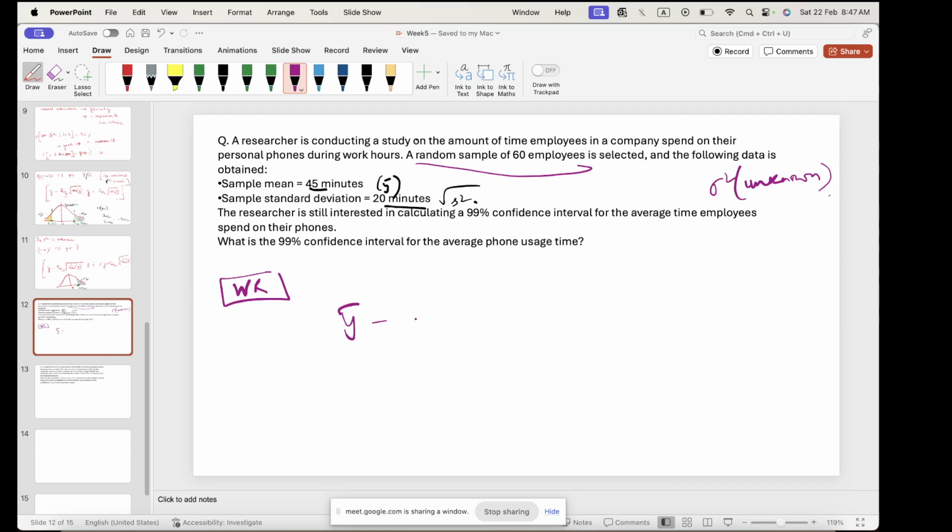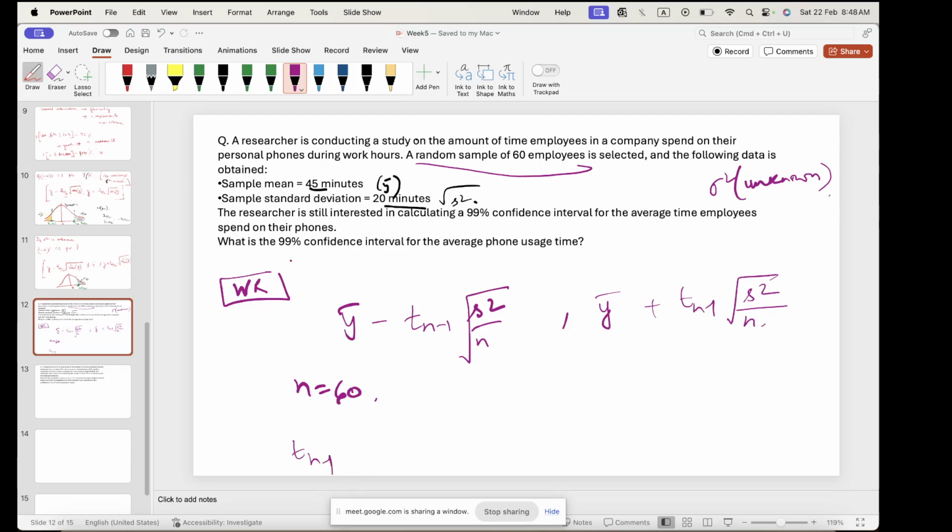So then this would be actually t n minus 1 root of s square by n, and again y bar plus t n minus 1 root of s square by n. So here what should I give? y bar is given, 45, s square is given, n is given, n is equal to 60. So all I need is t n minus 1.